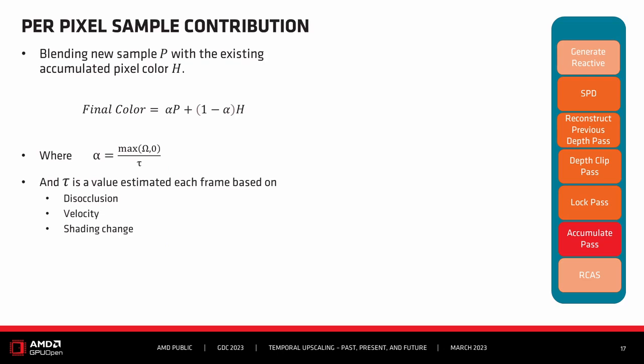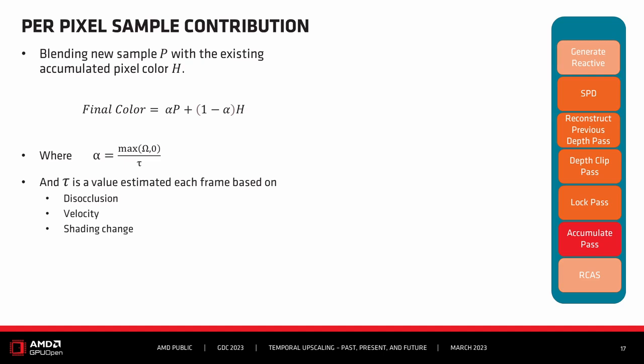So the final color we compute is then a blend between the history color and the current pixel color, and you might recognize the normal alpha blending function here, the linear interpolation, where the alpha value used is the max of the weight and null. So basically we're clamping it at 0 to not have any negative contributions if the current pixel color is negative or we don't trust it at all, divided by the trust we have in the history of the pixel.